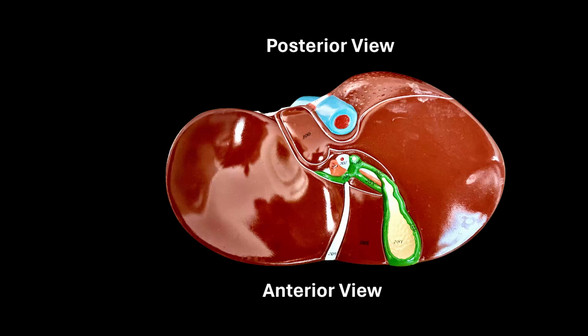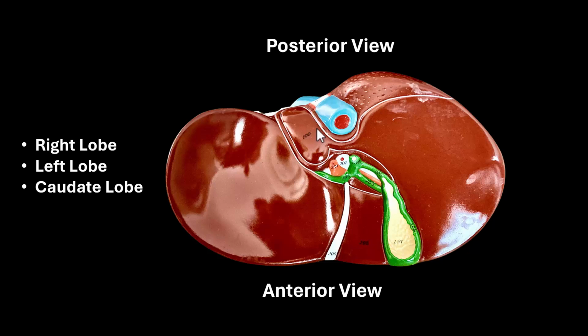So in this case, the right lobe is over here. The left lobe is over here. This is like you just pulled your liver out away from you and then tipped it on its side. Right lobe and the left lobe.